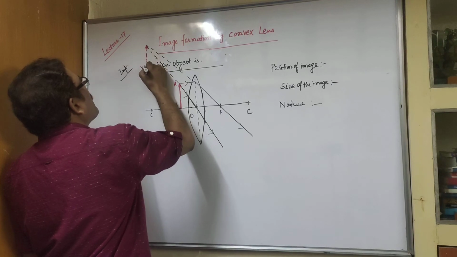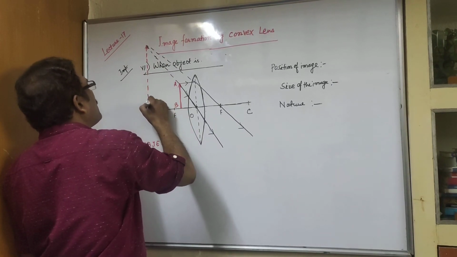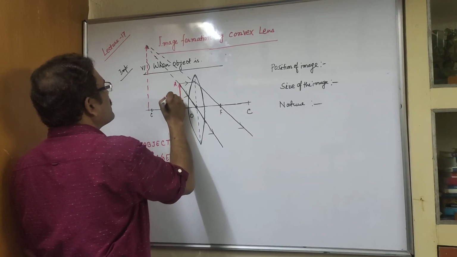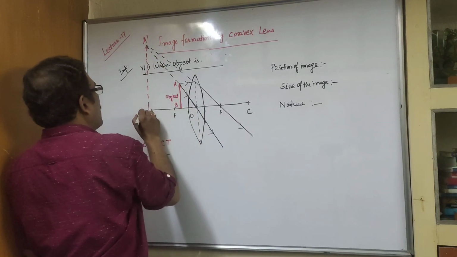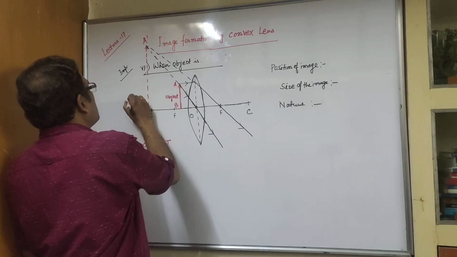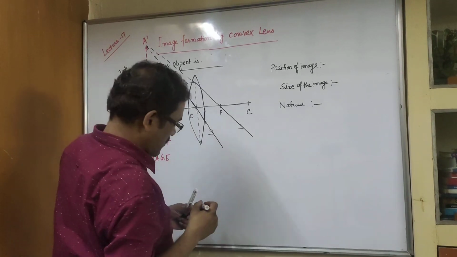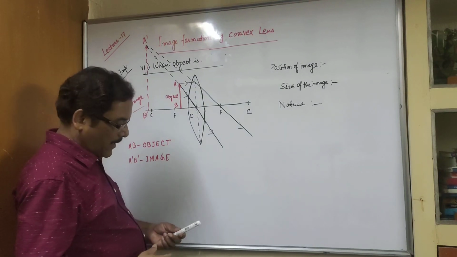So you will get a virtual magnified image. This is the object and this A dash B dash is the image. So the convex lens acts as a magnifying glass.